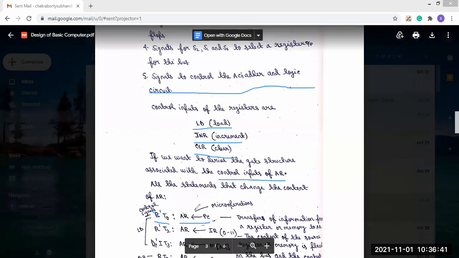It is transferring from the program counter to the address register, and at that time the control signal is R' T0.